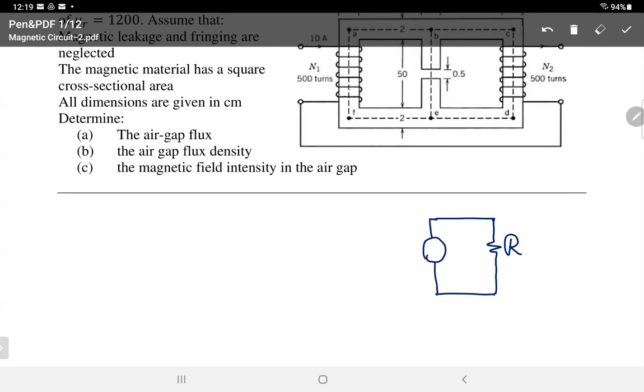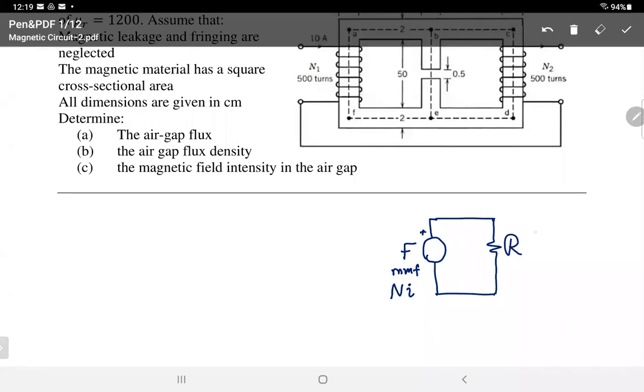magnetomotive force, call it F, sometimes we call it MMF, and it's equal to N times I, because the current is responsible for building the magnetic field, and it increases with the number of turns, so you multiply N times I, which is equivalent to voltage.